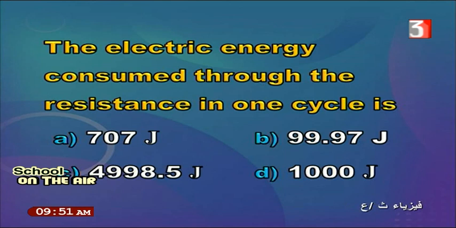What formula to be used? I squared RT. But remember, I should be the effective value. Resistance is given. And what about the time? In one cycle, it is the periodic time. In this way, it will be 99.97 when you calculate it.